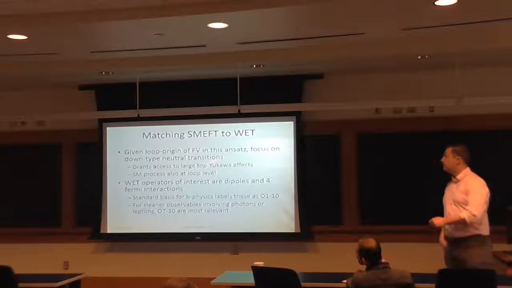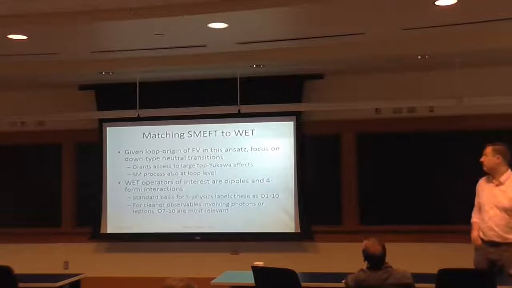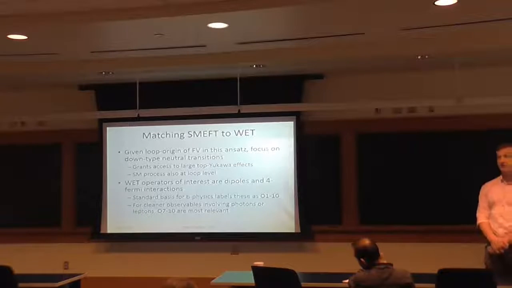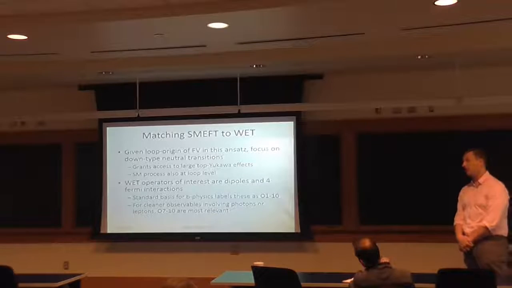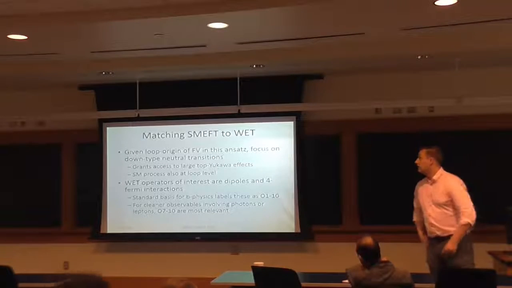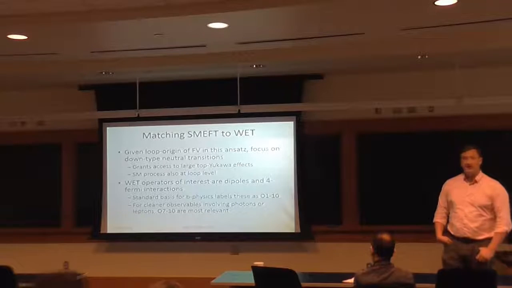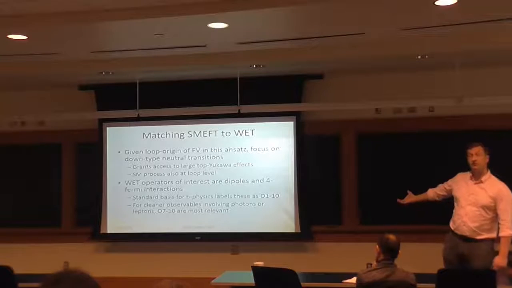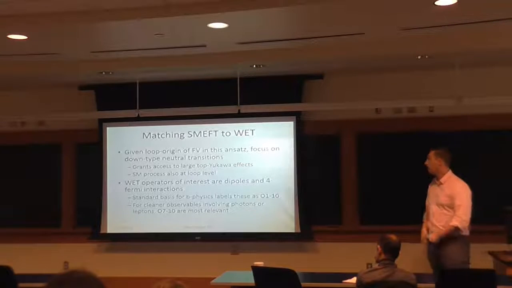So given the generically loop origin of flavor violation in this ansatz, we choose to focus on things that are loop generated in the standard model already, so we have a chance to see them. That would be down-type FCNCs. It gives you access to the top Yukawa, which is huge, and it gives you something relatively small to interfere with.